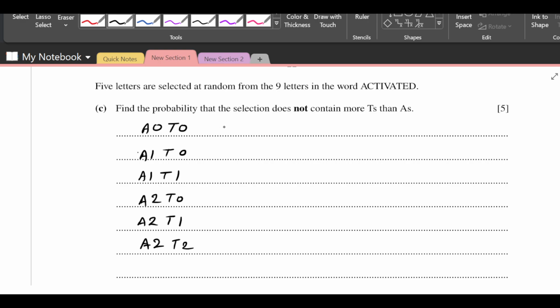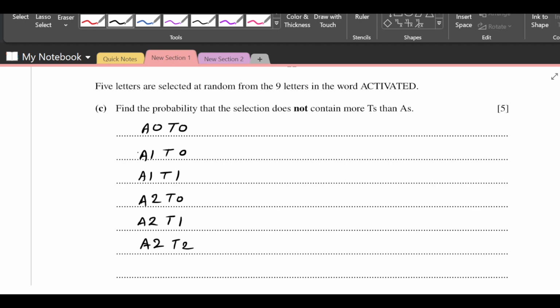So there are five letters. Now if I remove both A's and both T's, then out of nine, I have five letters only, and we have to select.